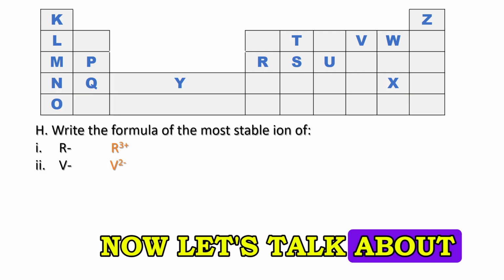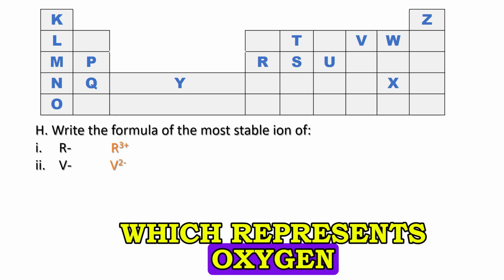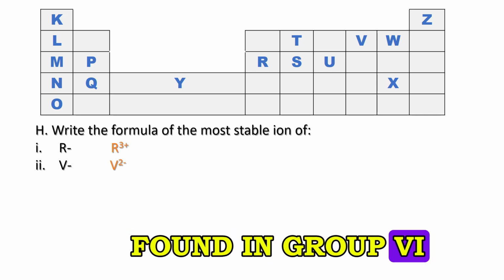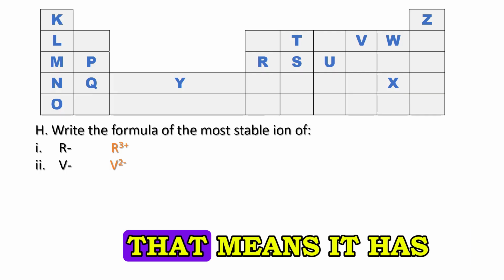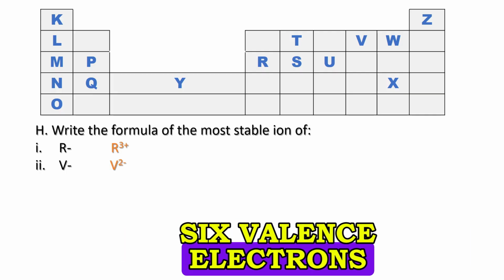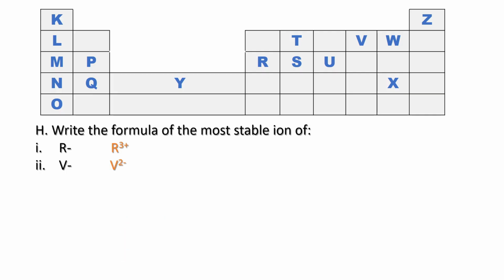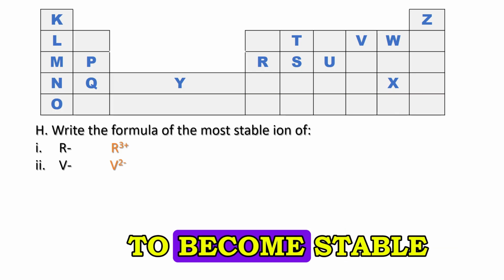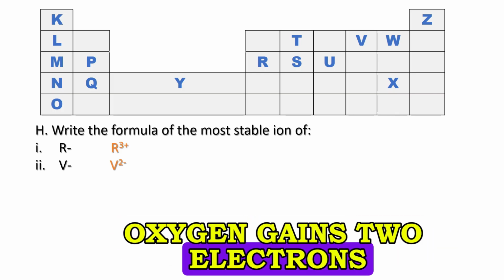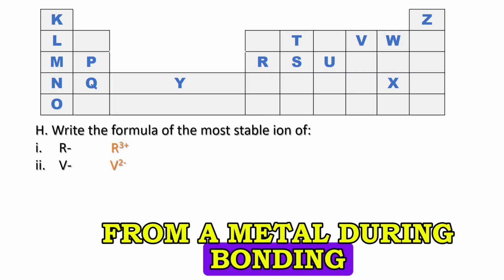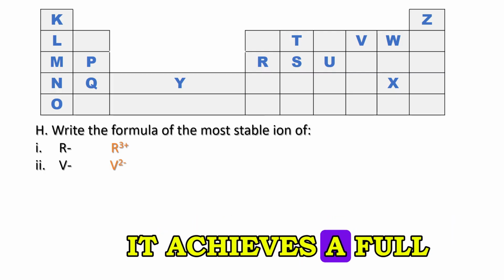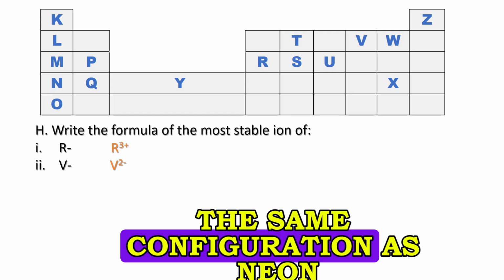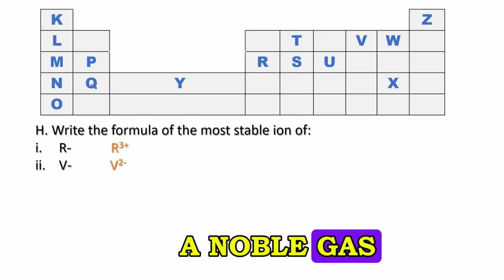Now let's talk about element 5, which represents oxygen. Oxygen is a nonmetal found in group 6 of the periodic table. That means it has 6 valence electrons in its outermost shell, just short of a full, stable octet. To become stable, oxygen gains 2 electrons from a metal during bonding. By doing so, it achieves a full outer shell of 8 electrons, the same configuration as neon, a noble gas.